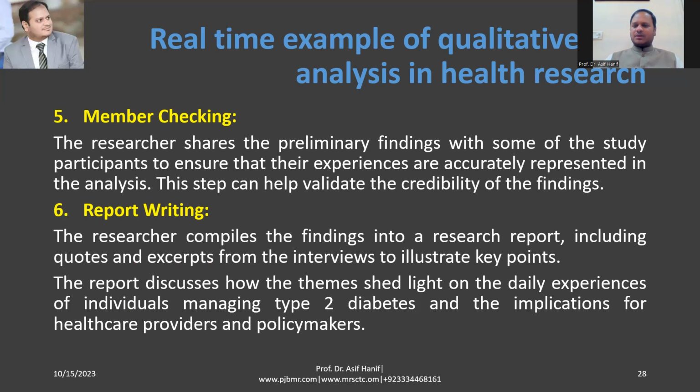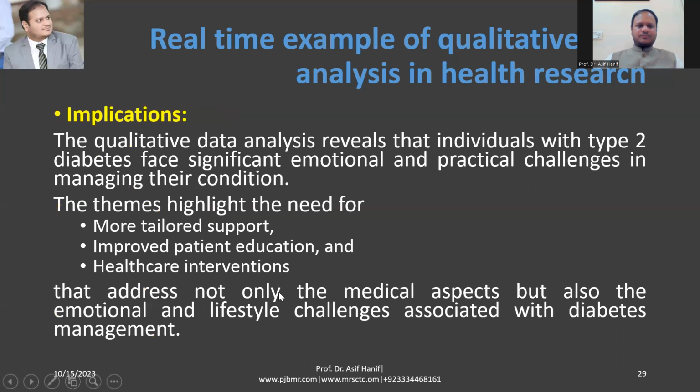Then you start report writing. The researcher compiles the findings into a research report, including quotes and excerpts from the interviews to illustrate key points. The report discusses how the themes shed light on the daily experience of individuals managing type 2 diabetes and the implications for healthcare providers and policymakers.